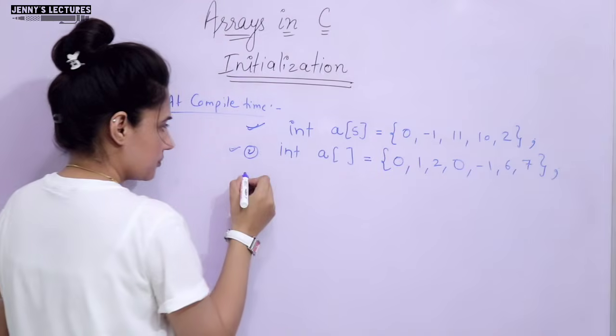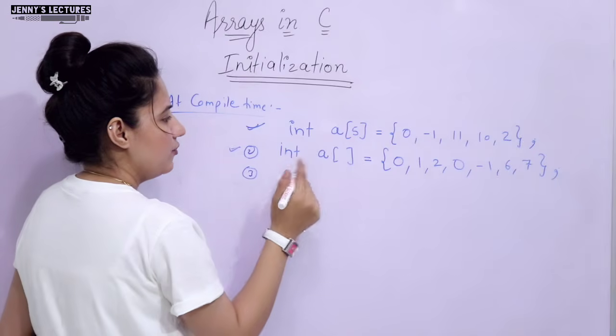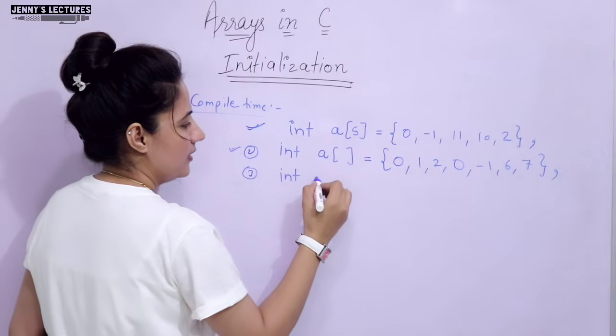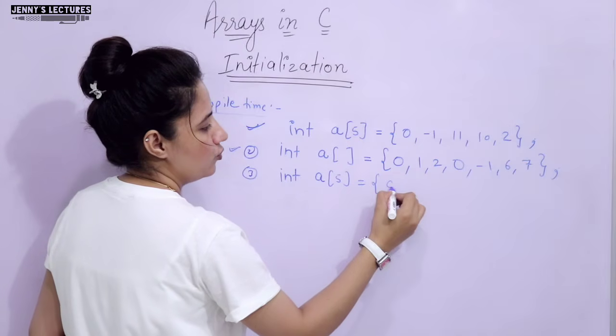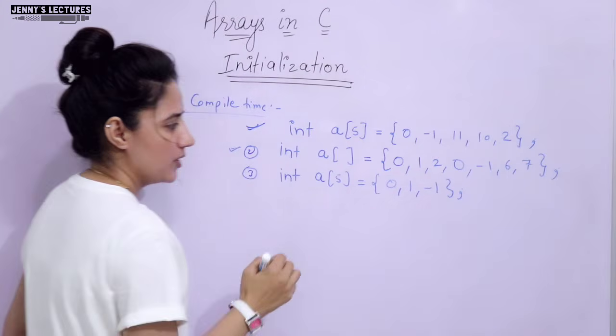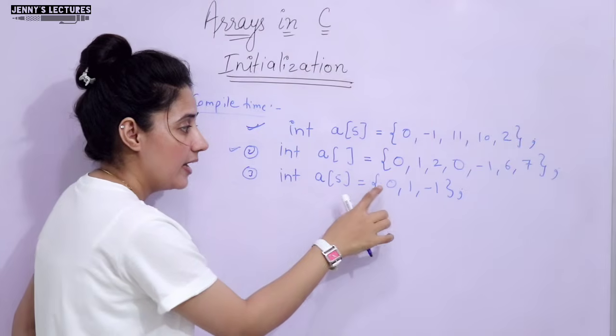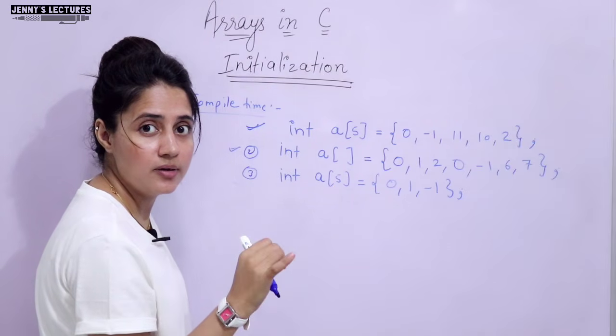Now, see another variant. If I write something like this, int a[5] = {0, 1, -1}, that is it. It means the size is 5 and I am giving only 3 data items. Then what will happen?